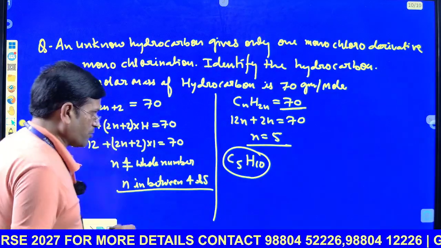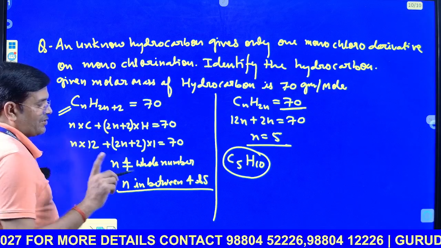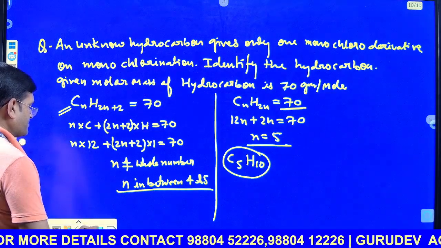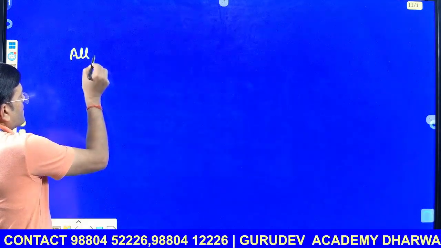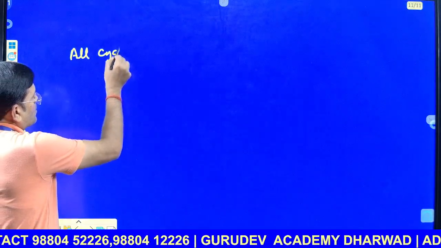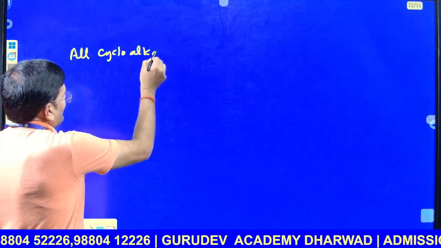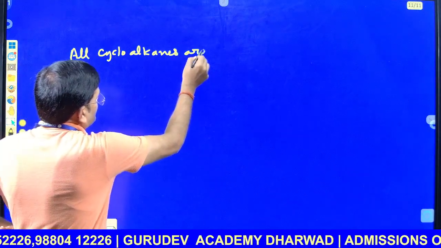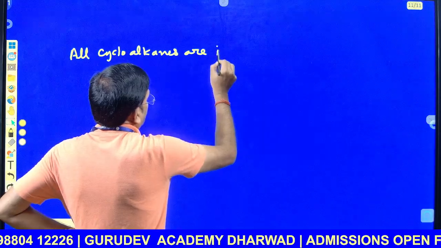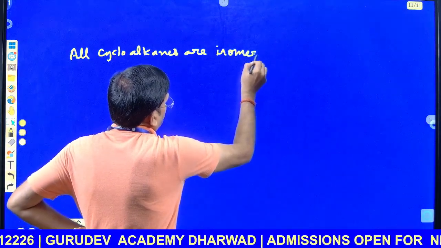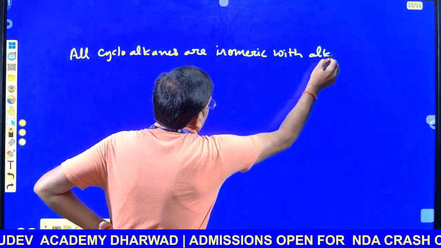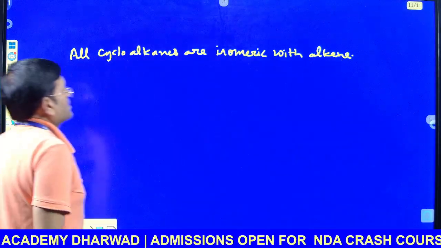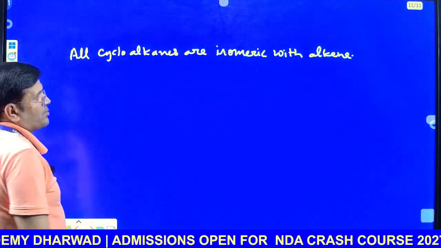So now the question arises, this is the hydrocarbon. Now we have to look for the structure for which you will get only one product, right? You know, all cycloalkanes are isomeric with alkenes. Getting?